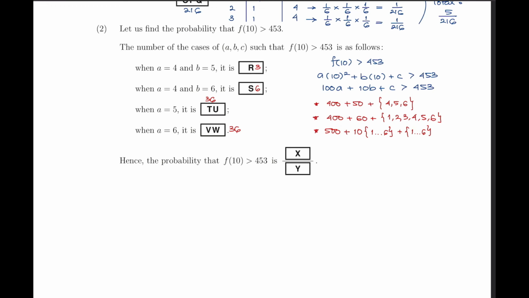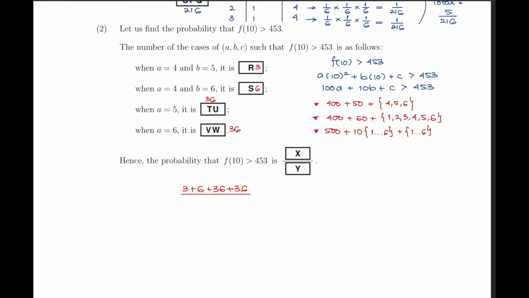Since we already know there are 3 plus 6 plus 36 plus 36 cases, the probability is the number of cases divided by the total number of cases, or the sample space.